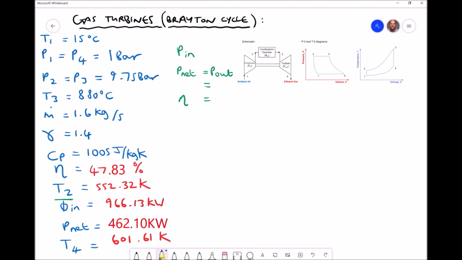Okay, so before we do any more calculations, we can see that we have T2 in Kelvin, and at the bottom we have T4 in Kelvin. But I'm going to convert T1 into Kelvin. T1 is 15 degrees C, and if we add 273.15 to that, we get 288.15.